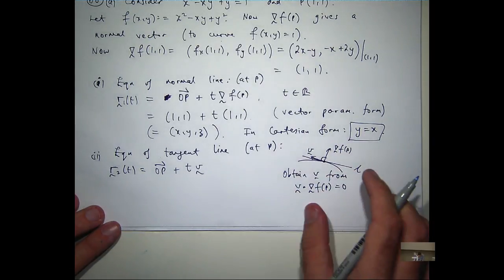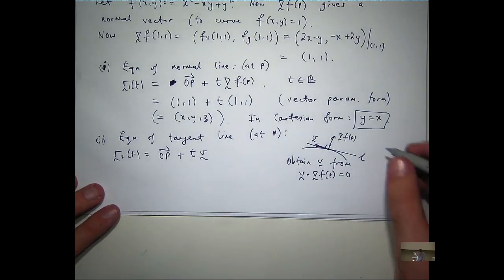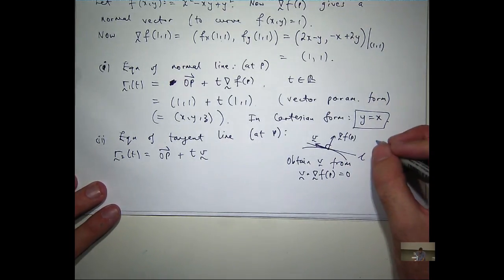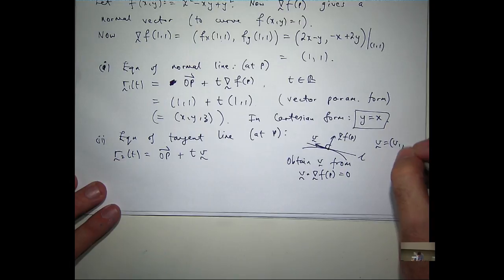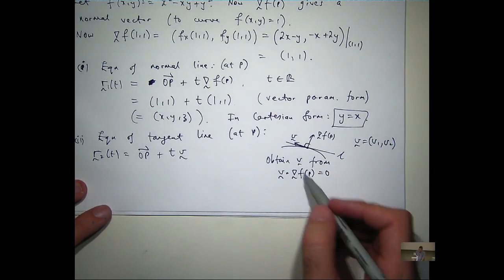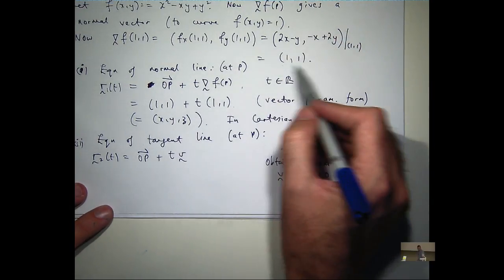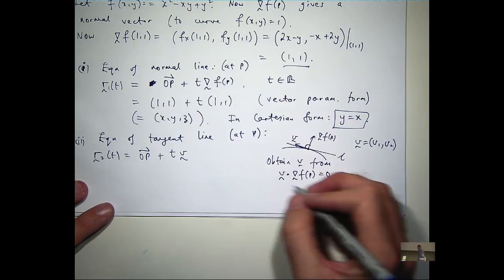The dot product has to be equal to 0. So let's say v is (v1, v2). Then take the dot product of this with the gradient.